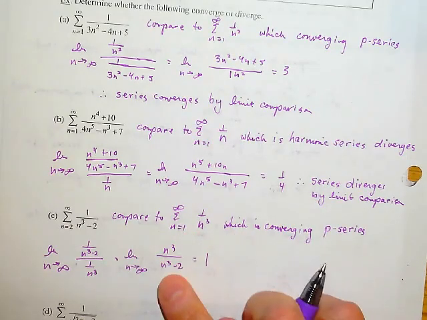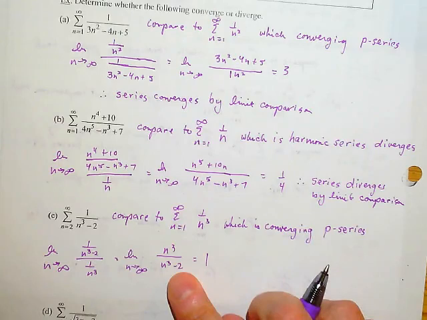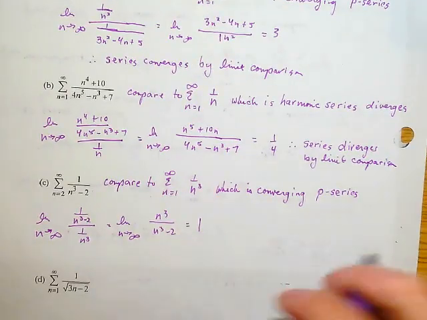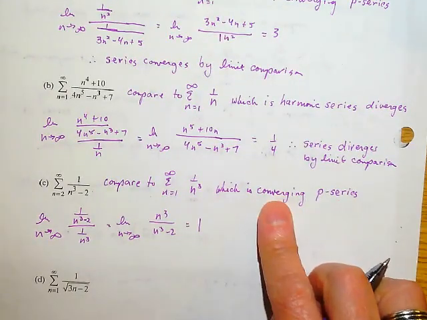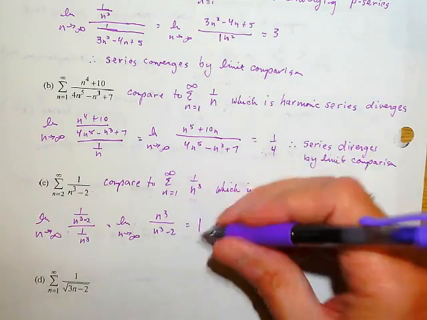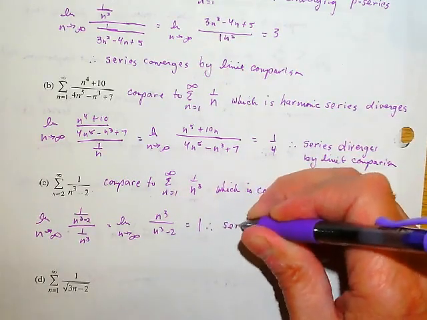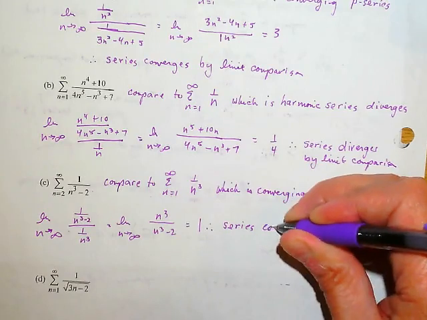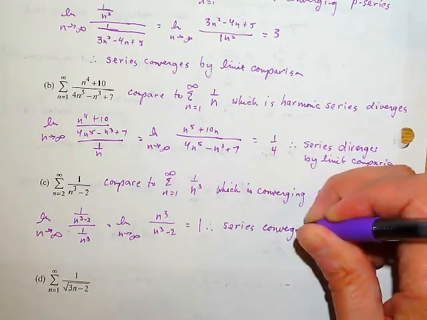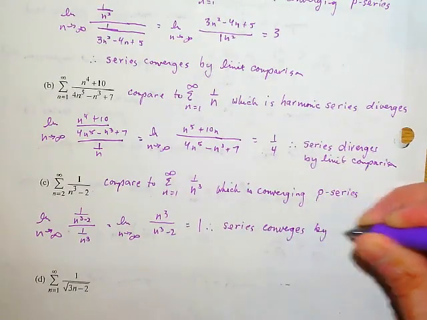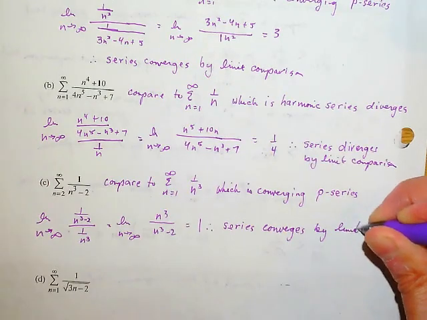So n to the third divided by n to the third minus 2, that minus 2 is inconsequential. We've got our limit. Since our compared to function is converging, therefore we're going to say the series converges by limit comparison.